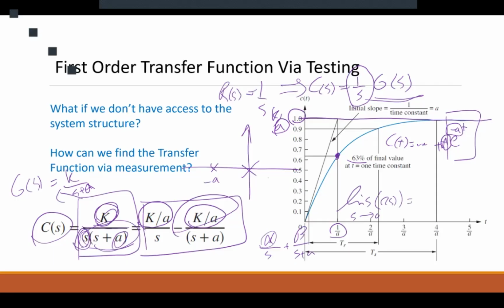So s times this one is going to be K over s plus a, right? When s goes to 0, it's going to be K over a. And same for this one: the limit of (s plus a) times C(s) when s goes to minus a eliminates this pole. So we are going to have K over s when s goes to minus a. So this one is going to be minus K over a. Are we good?